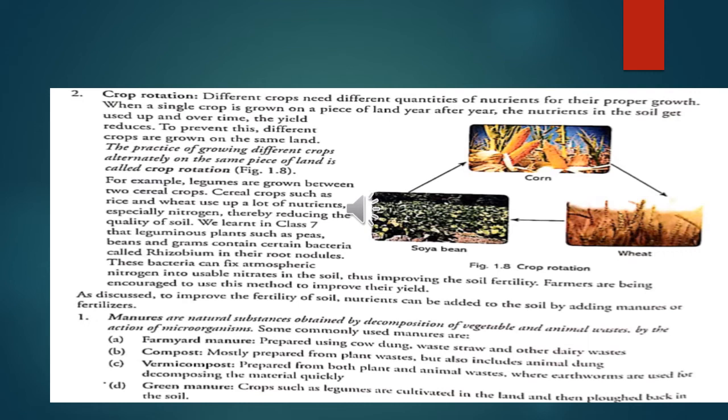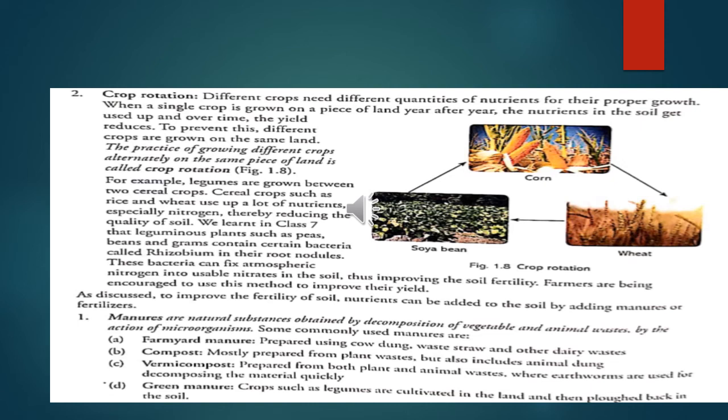Some commonly used manures are farmyard manure, which is prepared from cow dung and dairy waste. Another manure is compost. It is a very important manure with high demand, mostly prepared from plant waste, and it also includes human or other animal dung.